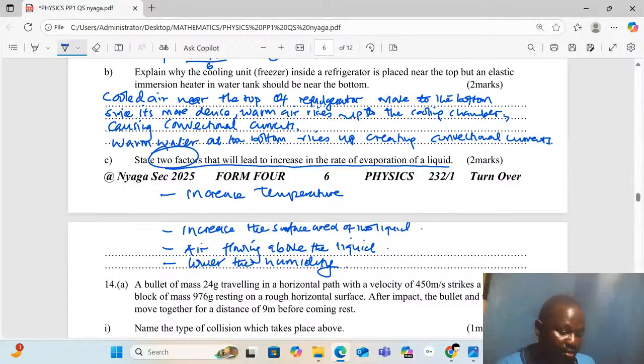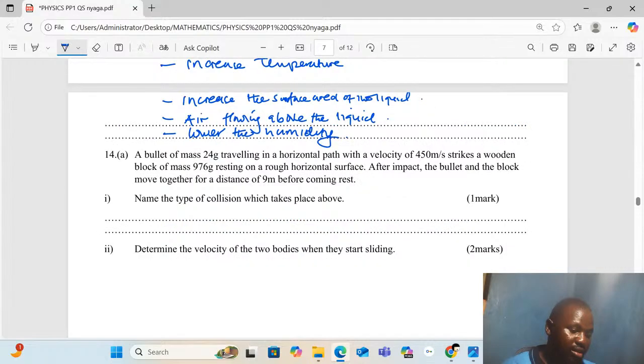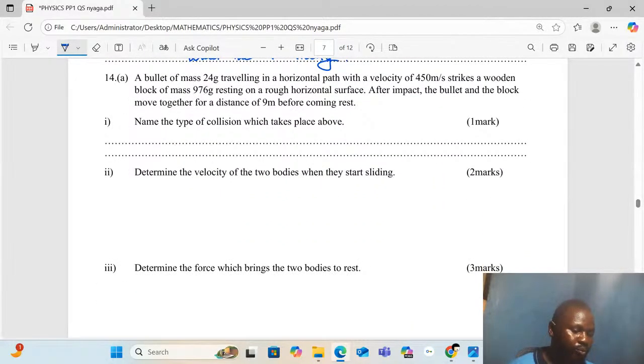If you make the first answer correct, the second one wrong, and the third one correct, then you shall get only 1 mark. So it's good to be specific on the questions that require some specifications.